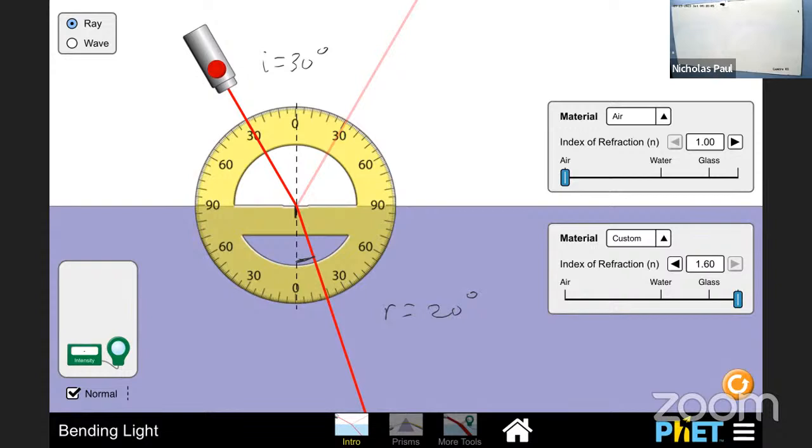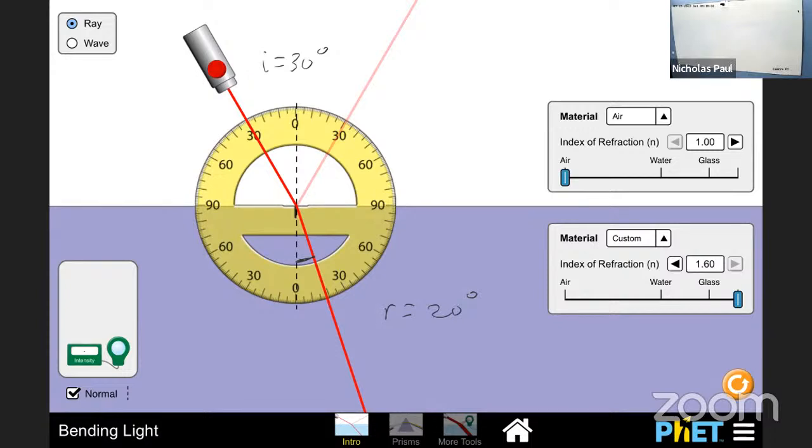Again, denser. So the more dense it is, the greater the refraction. That's okay? Katrina? Sahara? Are you okay there? Yes. Right. So the more dense it is, the greater the refraction.